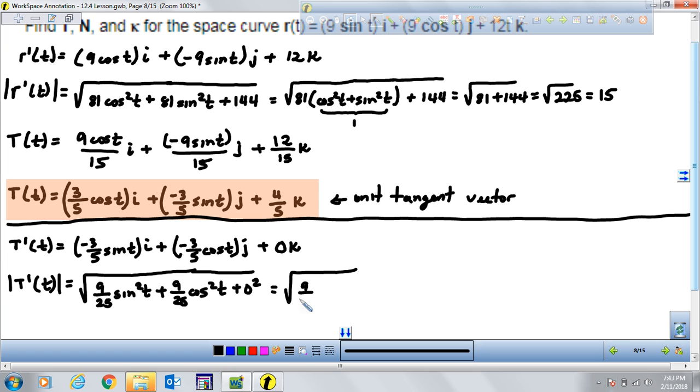So I can factor the 9 over 25, and we're left with sine square of t plus cosine square of t, but sine square plus cosine square equals 1. So 1 times 9 over 25 will just be 9/25. But the square root of 9 over 25 would just be 3/5.